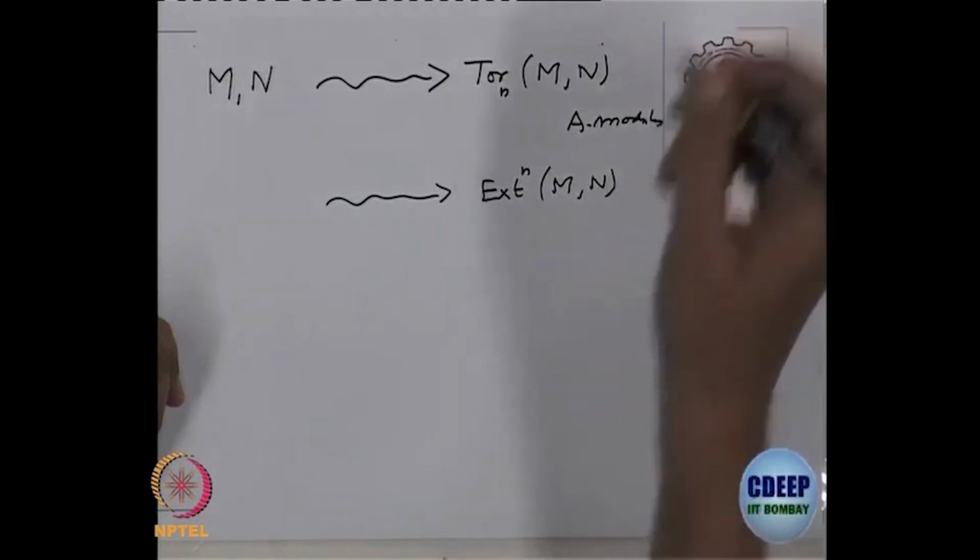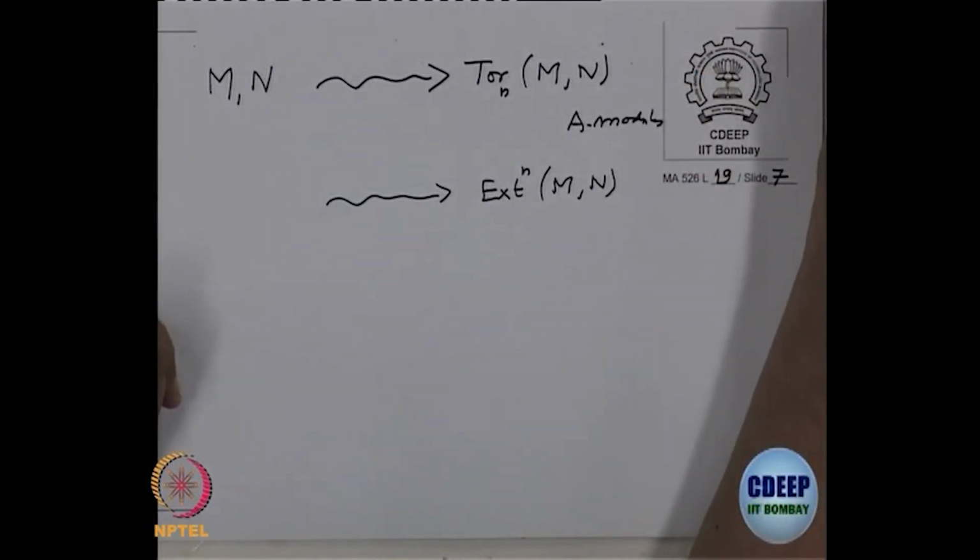But you know, proving that a module has a projective resolution is relatively much easier than proving that every module has an injective resolution, because the structure of injective modules is much more complicated than the projective modules.